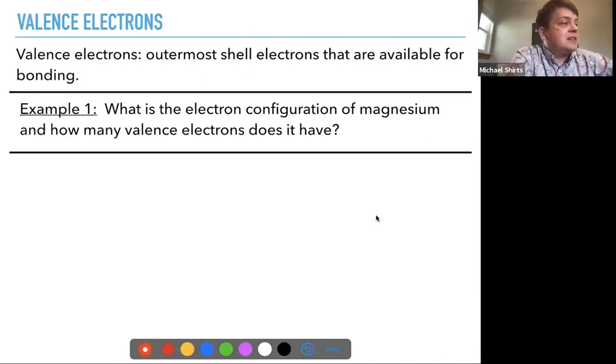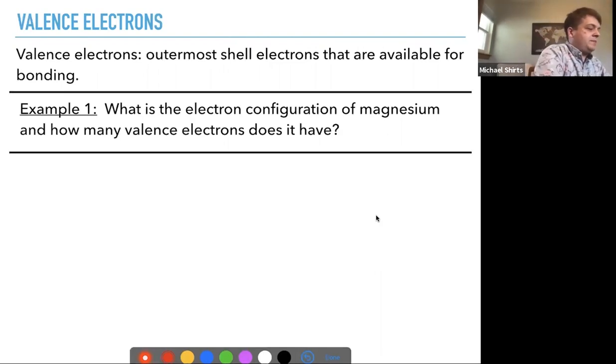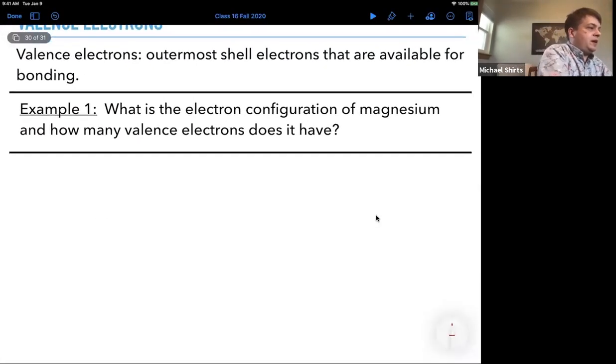And let's practice this a little bit. What is the electron configuration of magnesium and how many valence electrons does it have? Well, magnesium has atomic number Z equals 12. There are 12 electrons, so let's start building up and putting them all down in the electron configuration. 1s2, 2s2, 2p6.